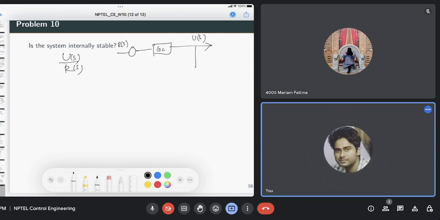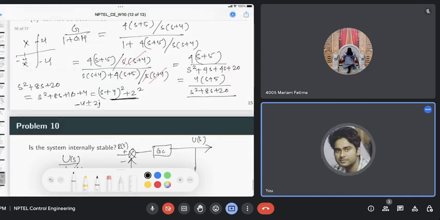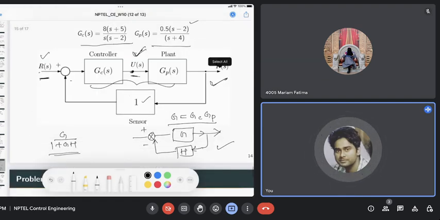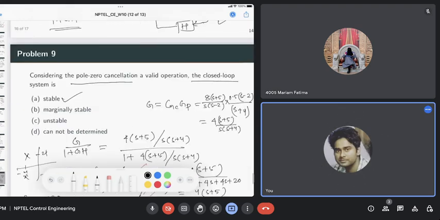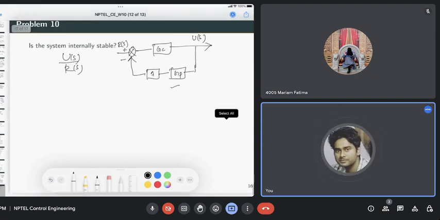So this is 1 there, and this is GP, with plus minus. We have just redrawn that transfer function, taking this as the output, and we put this plant and 1 as the feedback now, to find the transfer function from r to u. Now this corresponds to the H part and this is the G part. So the closed loop transfer function between u and r will be GC by 1 plus GP GC, right?